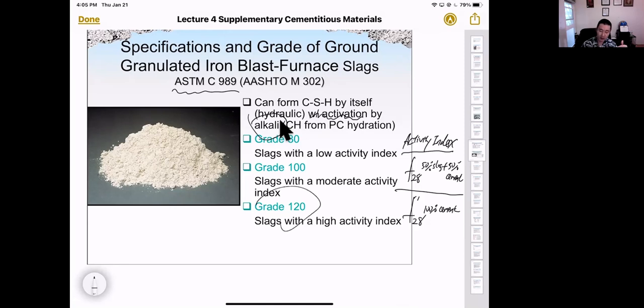Grade 120 means the activity index will be equal to 1.2, which means 20% higher strength when we use 50% of slag. Okay. The price of slag will be similar to Portland cement. Again, it depends on the location, but generally speaking, the cost is similar to cement.